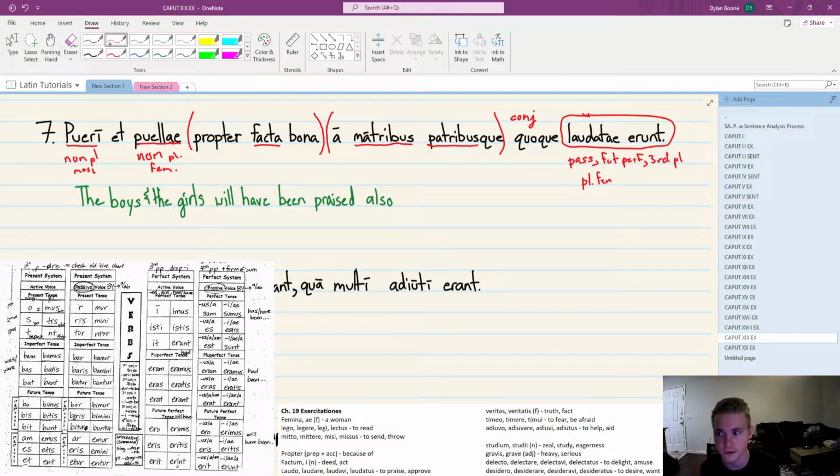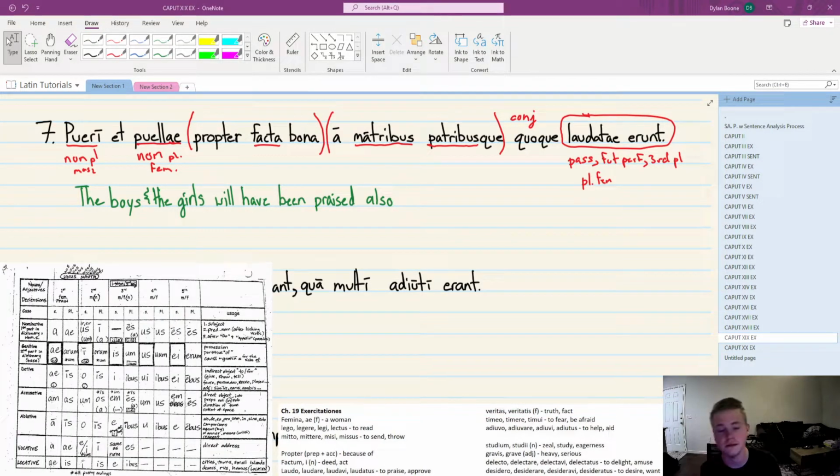We have a passive verb and an a. I think it's a clue that this is going to be an ablative of agent of some sort. So we have a matribus. It comes from mater, matris, third declension. So matribus could either be taken as a dative plural or an ablative plural. It's next to a, the preposition, so ablative plural.